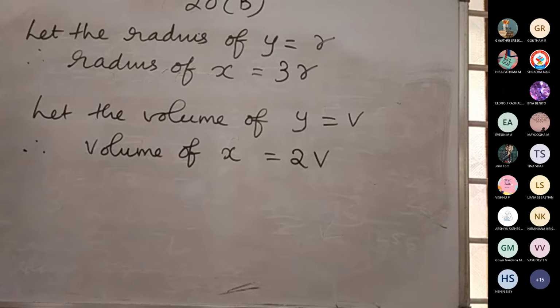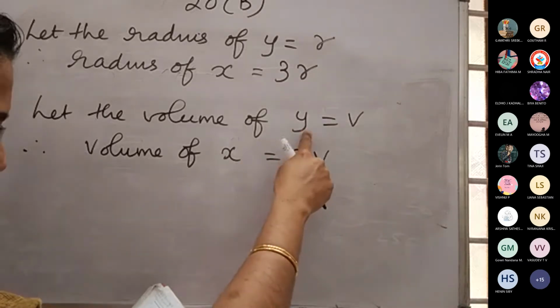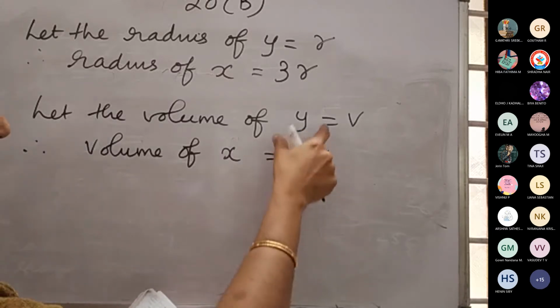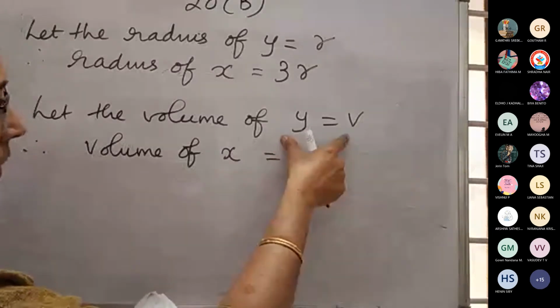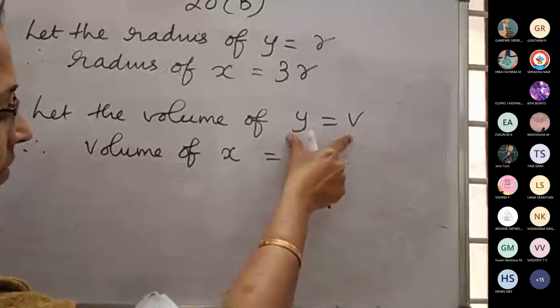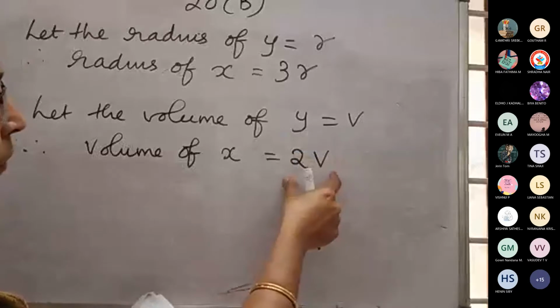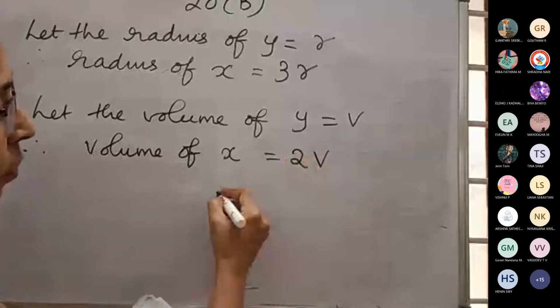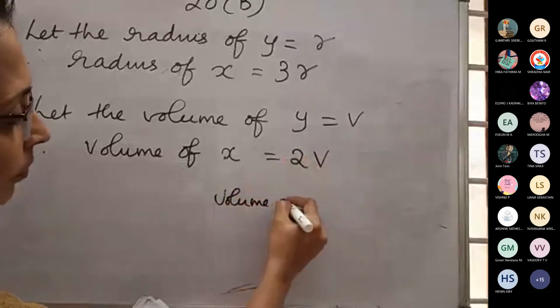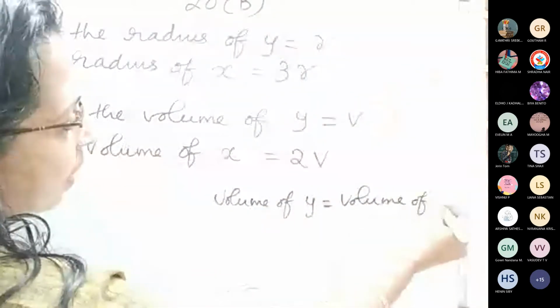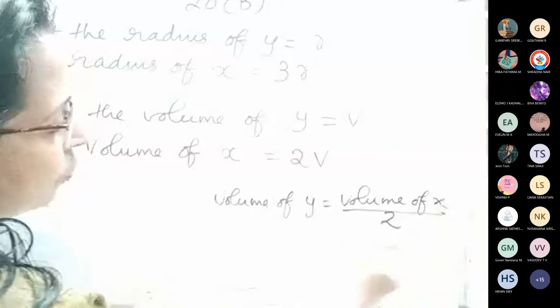That means, as given, Y having half the volume of X: the volume of Y is the volume of X divided by 2.